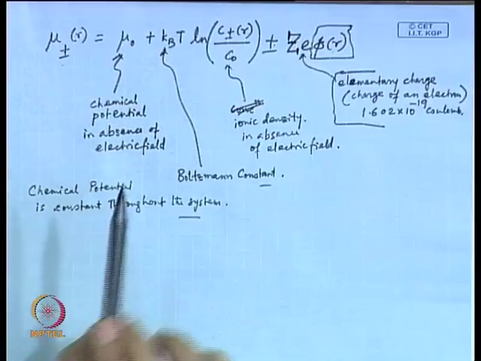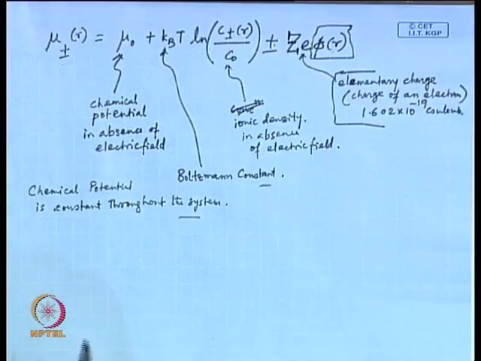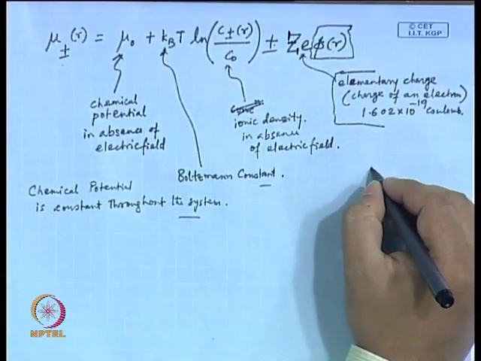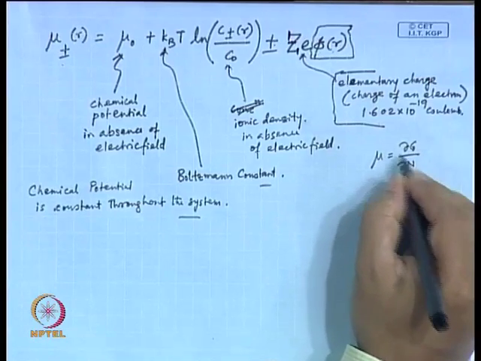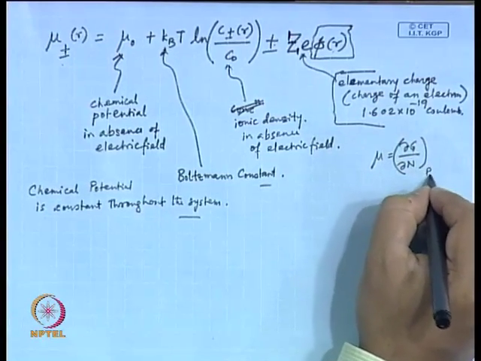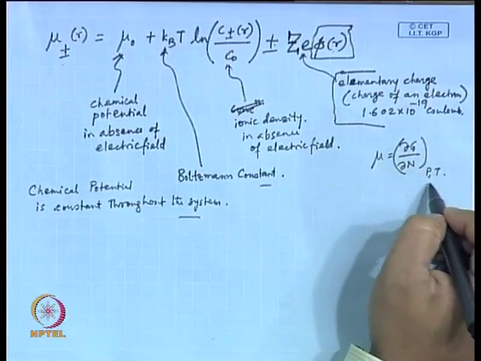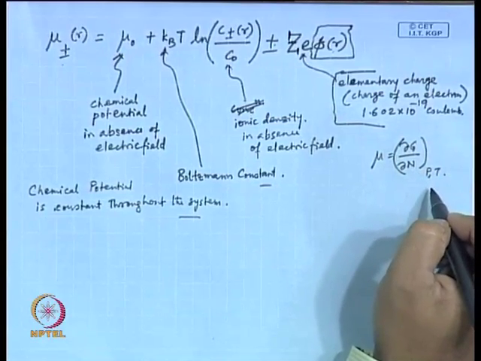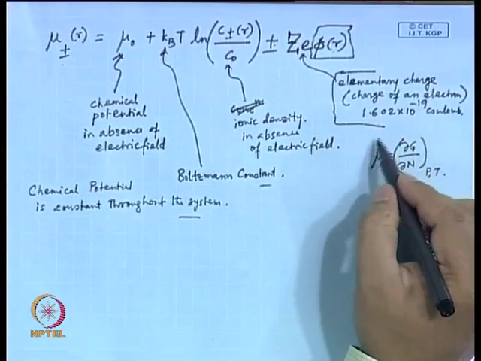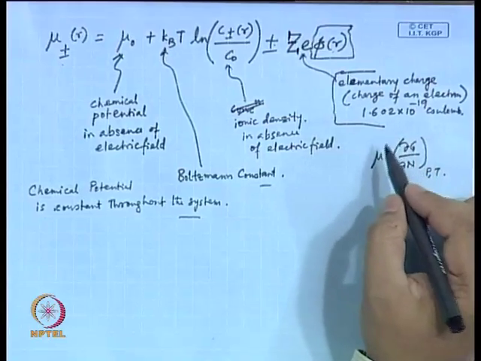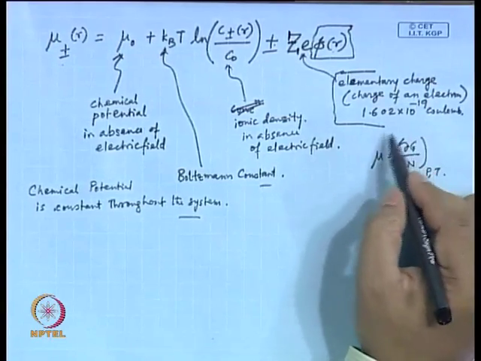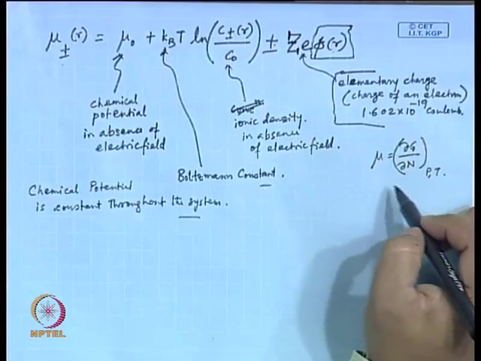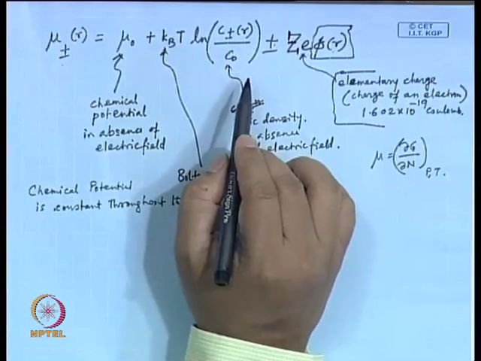Now, this expression comes from the fact that chemical potential can be written as the derivative of free energy, basically del G del N at constant pressure and temperature. You must have seen this expression in connection with chemical potential when you studied thermodynamics. This is the place from which this expression can be drawn.